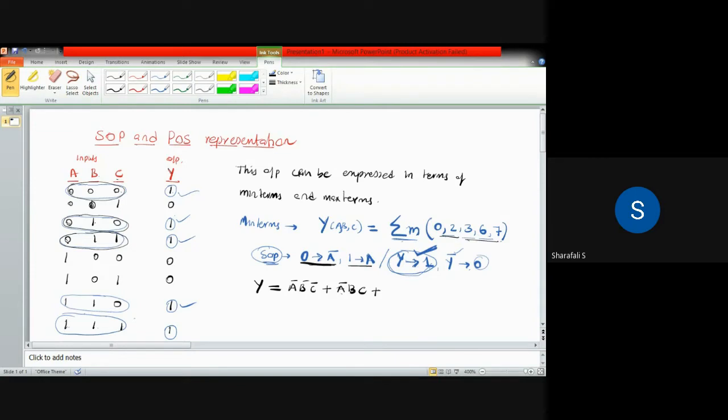A bar, because here it is 0, so it is A bar, B, C. Similarly, you can go for the other two terms also. Then we'll get A, B, C bar plus the last one is A, B, C.